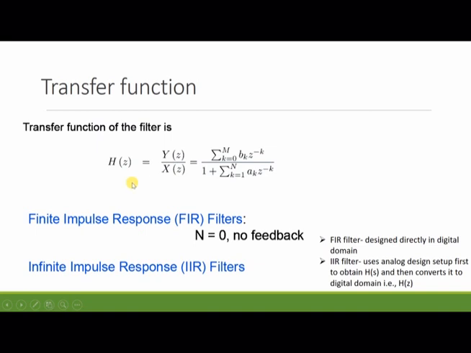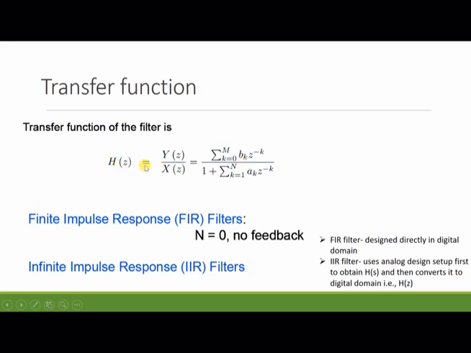So here is the transfer function H of z for a filter in general, where a_k and b_k represent the filter coefficients. In this transfer function, if the feedback order is equal to 0, this system becomes a non-recursive system, a non-feedback system.